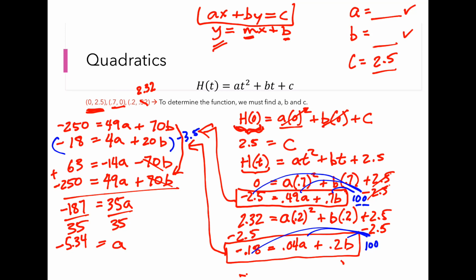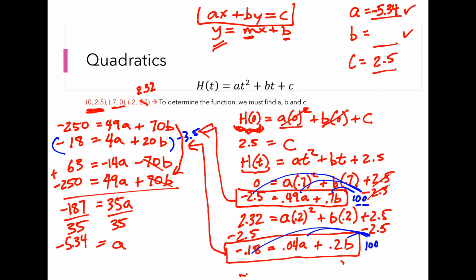Now, of course, I did have to round this. That's obviously not an exact decimal, and I rounded it to 2 decimals, which is probably sufficient. But look what I found: negative 5.34, which is my a value.